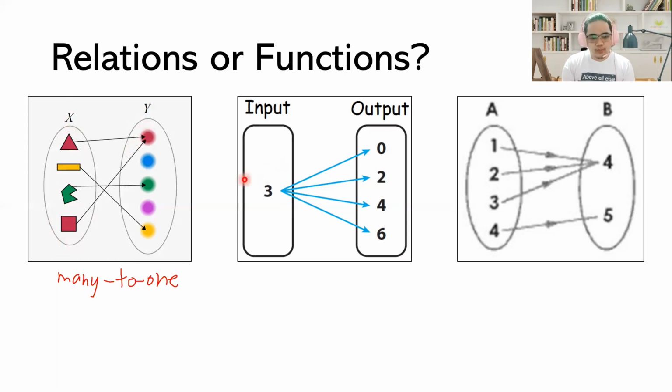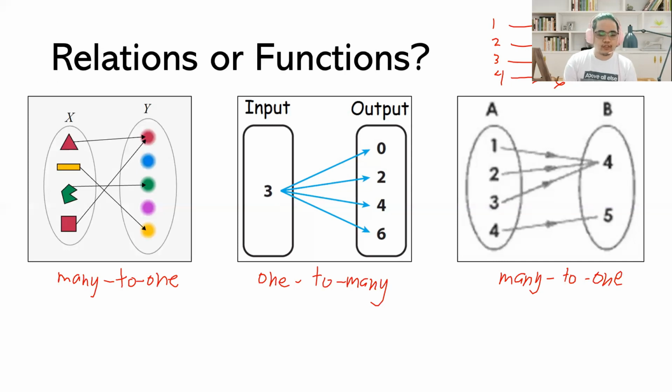Okay? This one is the opposite. 3 is paired to 4 for outputs. So we can see that this is a one to many correspondence. Okay, it is the opposite of the first. Then the third, we also have many to one correspondence. So which among those are functions?